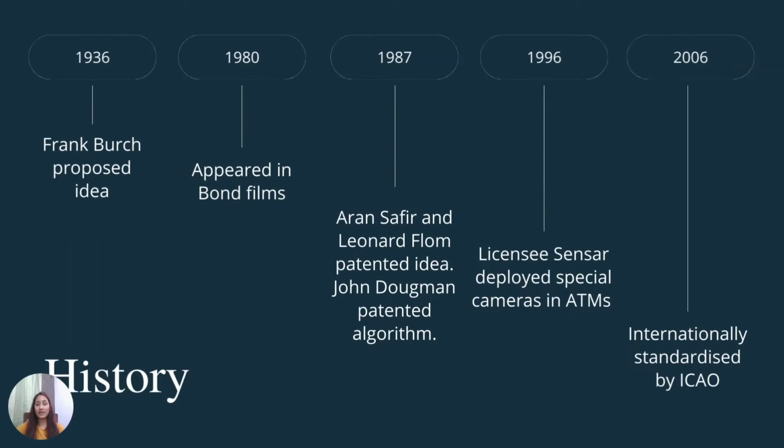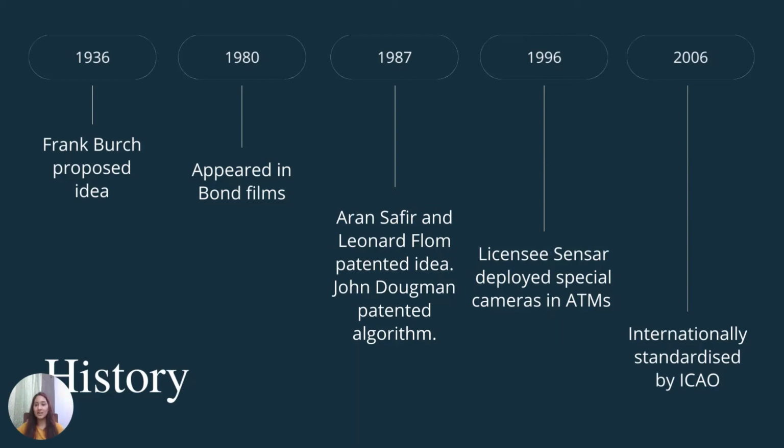Let's take a look at the history of iris scanning before we understand how it works. The idea of using iris patterns for personal identification was originally proposed in 1936 by ophthalmologist Frank Birch. By the 1980s, the idea had appeared in James Bond films, but it still remained as science fiction.